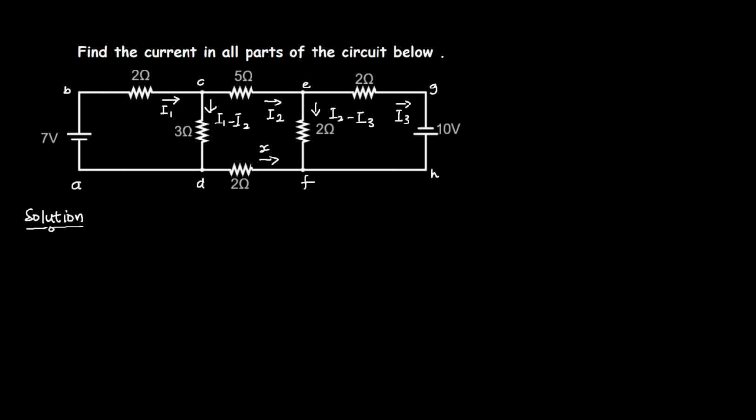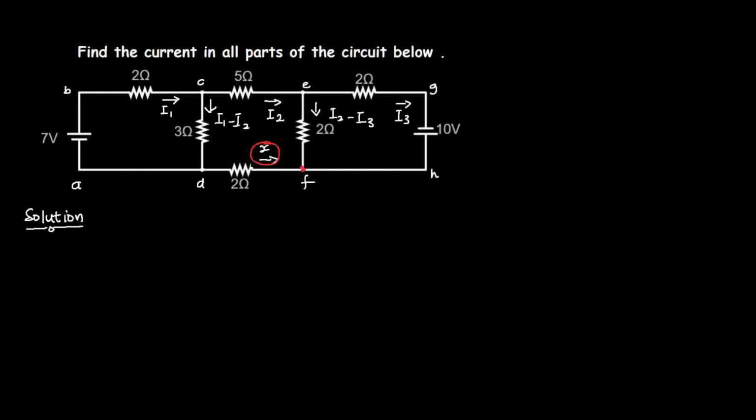Now let's look at what happens there. At this node here, this current X is moving towards the node, and this current I2 minus I3 is also moving towards the node, and then this current I3 from this 10-volt source is also moving towards this node.